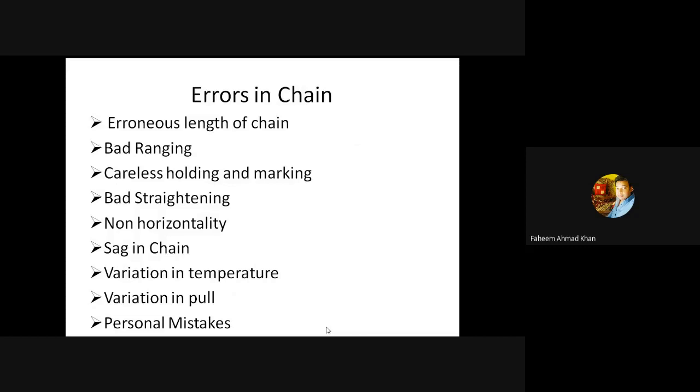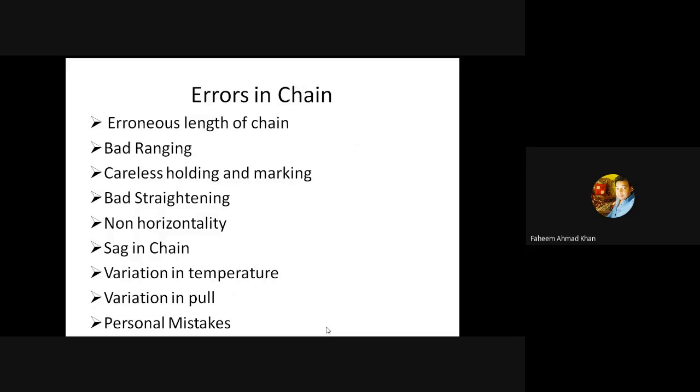First of all, it is a cumulative error, which may be positive or negative. The error due to the wrong length of the chain is always cumulative. You have to remember this, that it is always cumulative and is the most serious source of error.